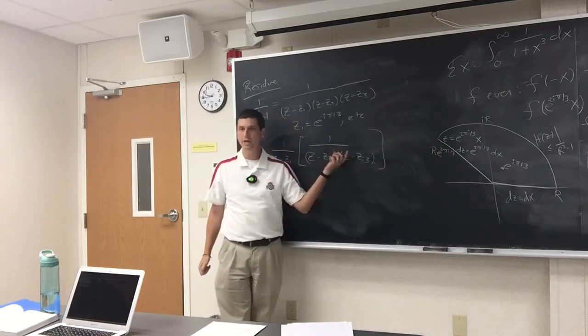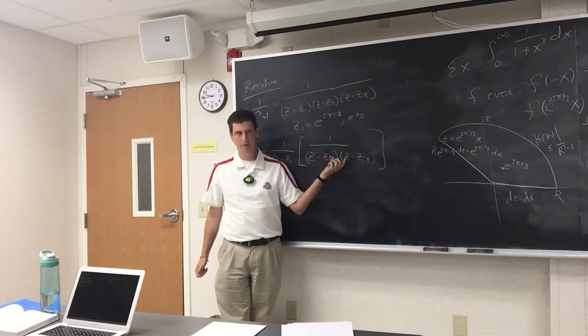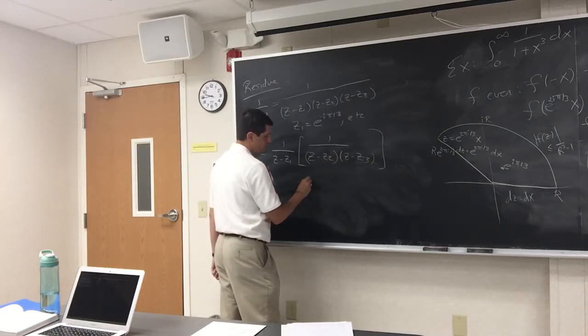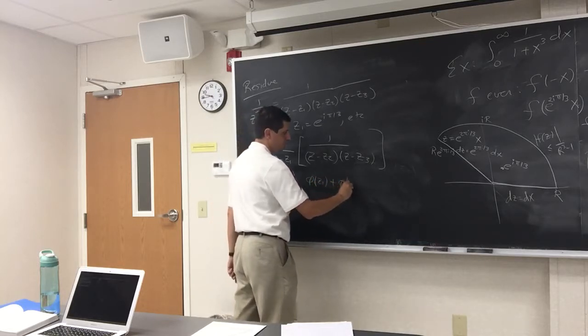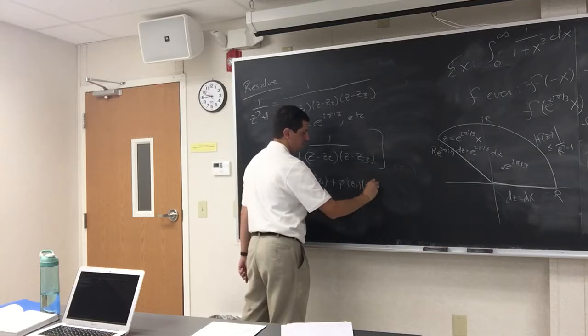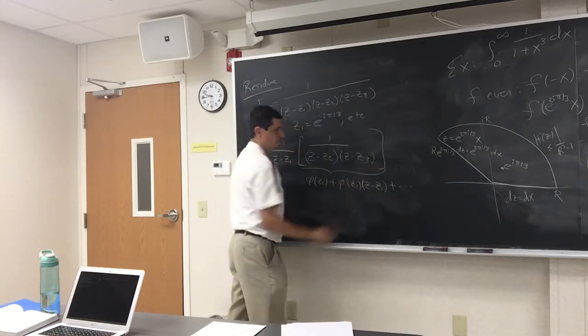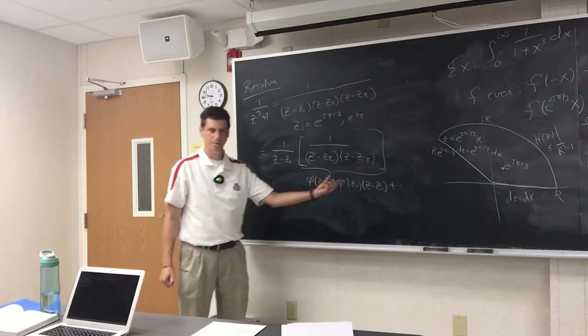Is this function well behaved at z1? Yeah, it's holomorphic. So this has a Taylor series expansion. This is equal to some function, call it phi at z1 plus phi prime of z1 times z minus z1 plus dot dot dot. It has a Taylor series expansion.